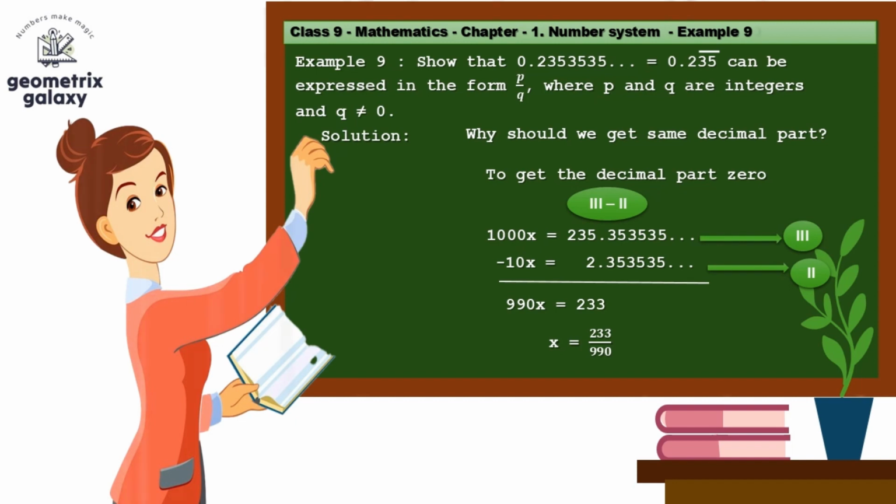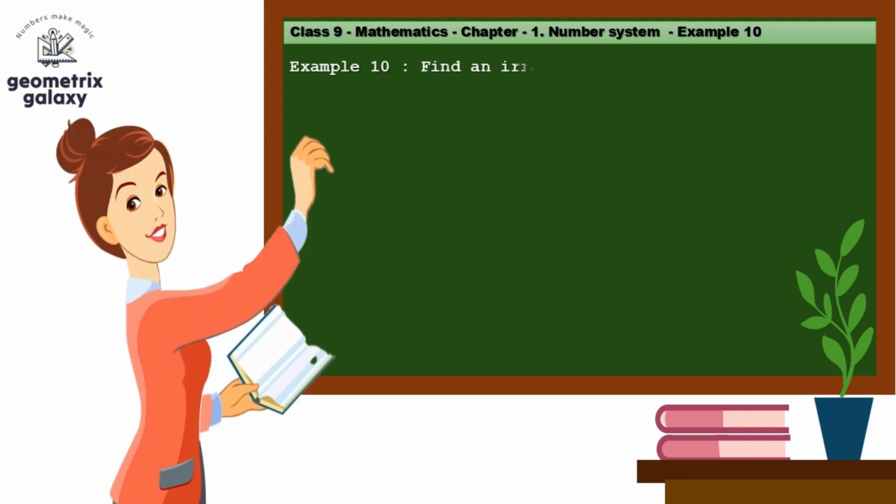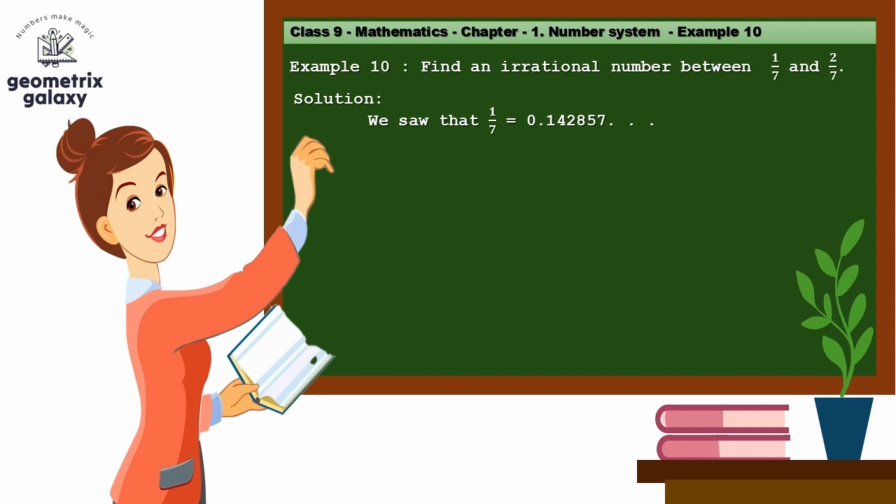Example 10. Find an irrational number between 1 by 7 and 2 by 7. We need to find the value of 1 by 7 and 2 by 7 to find the answer. 1 by 7 is equal to 0.142857 etc. We have already found the answer for 1 by 7 in example 5. You can refer to that, or you can find the value by doing long division. If you know the value of 1 by 7, it is very easy to find the value of 2 by 7.